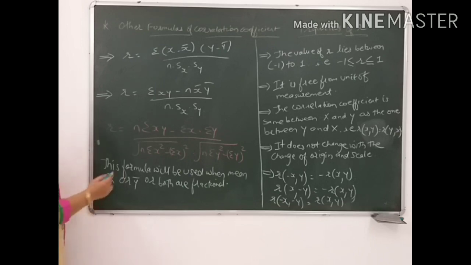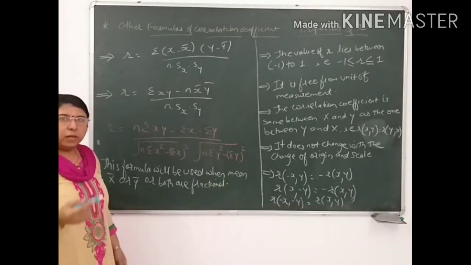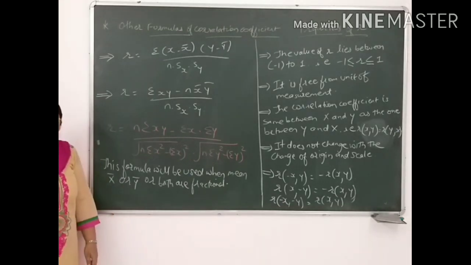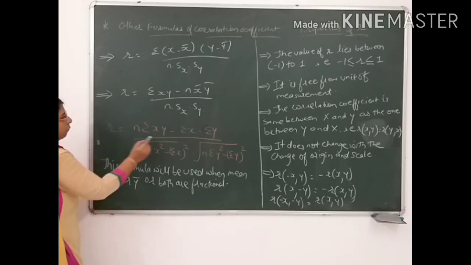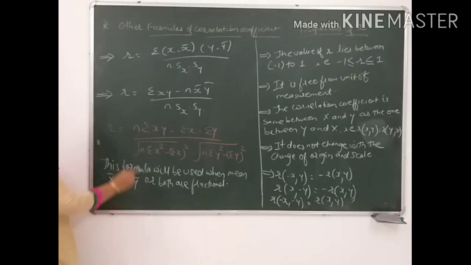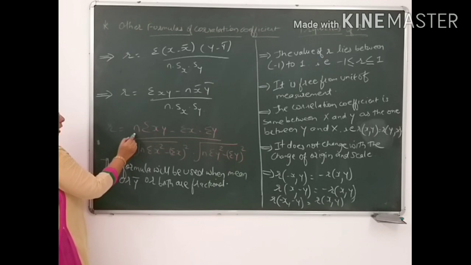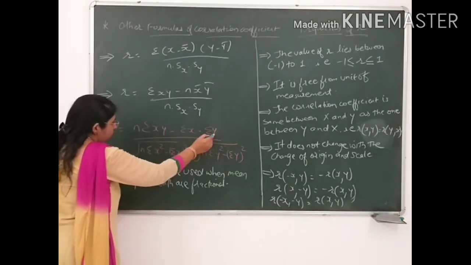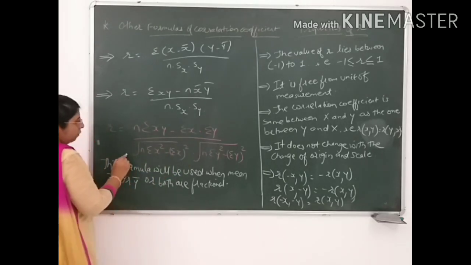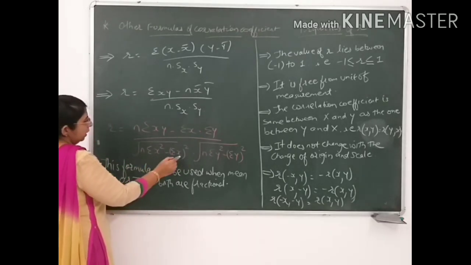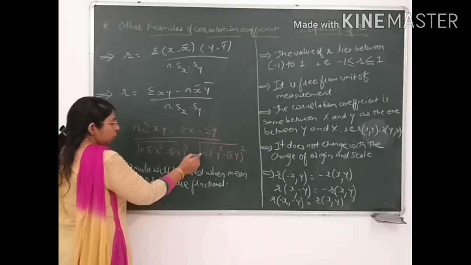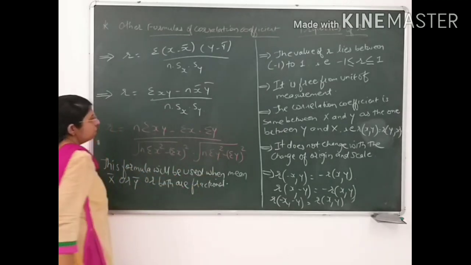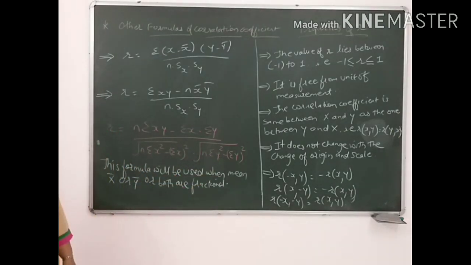Now if the values of x bar and y bar, either of the two or both, are fractional, then we have to apply this formula that is highlighted over here: r is equal to n sigma xy minus sigma x into sigma y, upon under root of n sigma x square minus sigma x whole square into under root of n sigma y square minus sigma y whole square.